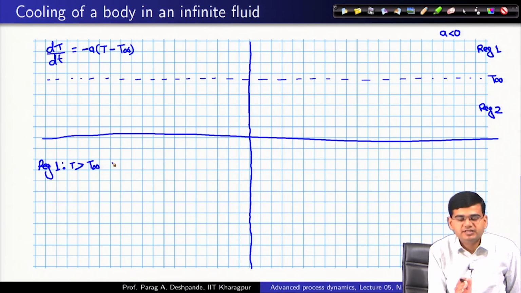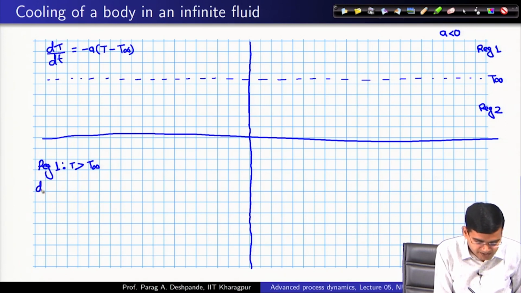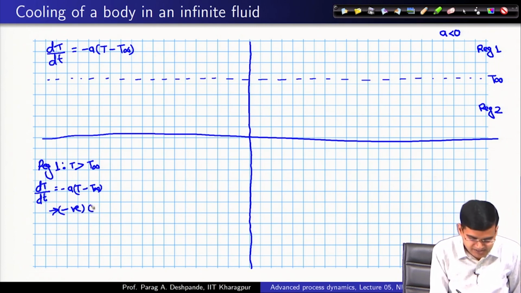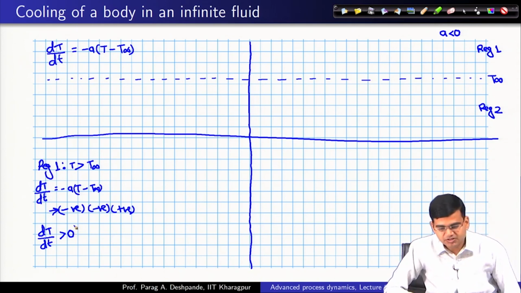Again, I am not solving the model equation, all I am doing is analyzing the derivative. So, dT by dt is equal to minus A (T minus T infinity), which means minus sign is negative always, A in our case is less than 0. So, you have negative, but T minus T infinity is going to be positive. So, overall dT by dt is going to be greater than 0, or it is going to be positive.